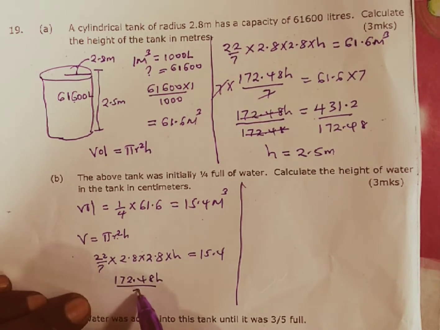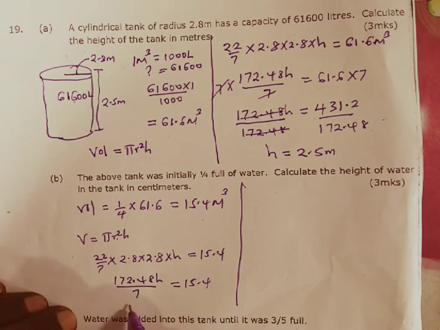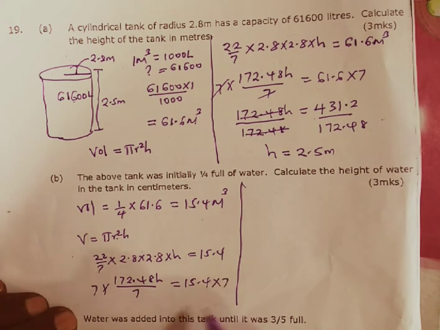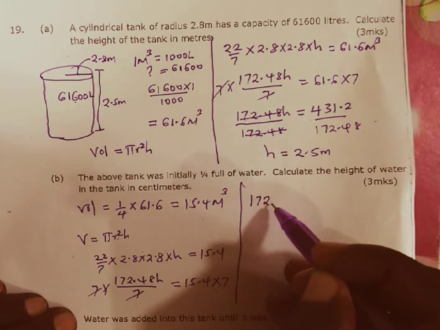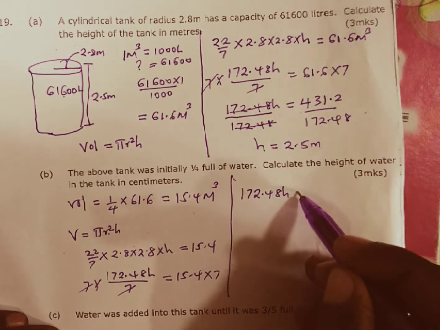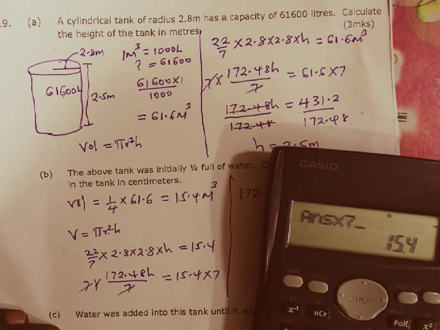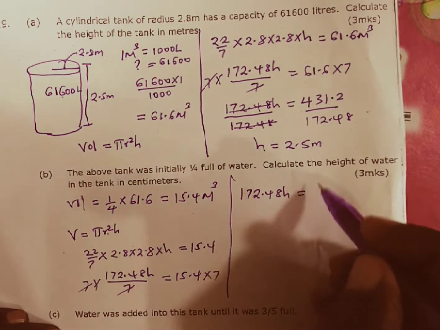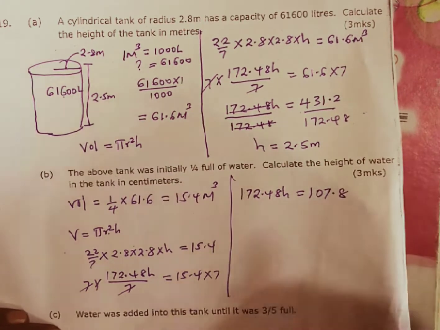We divide by 7, and this will give us 15.4. So once again, to get rid of this fraction, we multiply both sides by 7, and 7 and 7 go. We remain with 172.48 h, and this is equal to 15.4 times 7, which gives us 107.8.